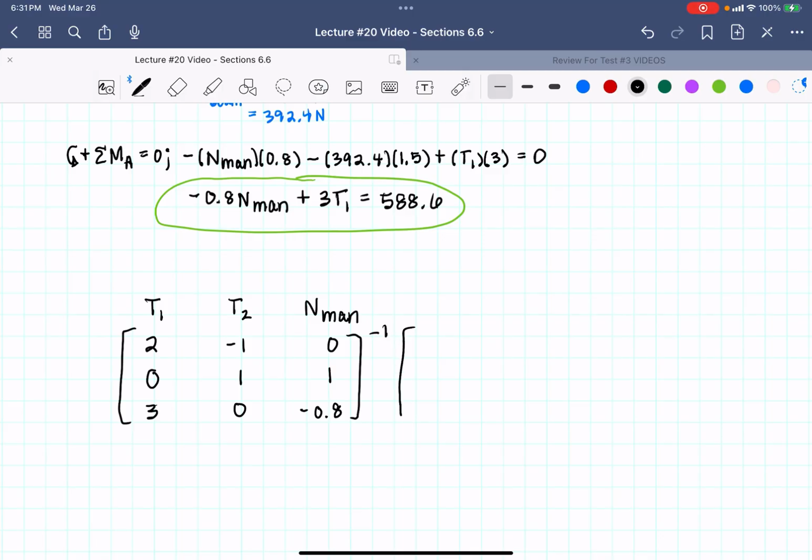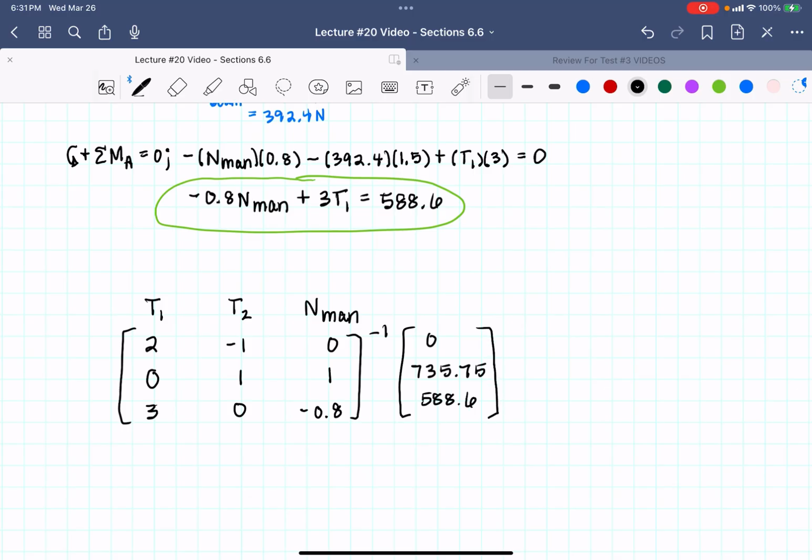On the right side, I'm going to have my scalar numbers that were to the right side of the equal sign. So I've got 0 on the first one, 735.75 on the second one, and 588.6 on the third one.